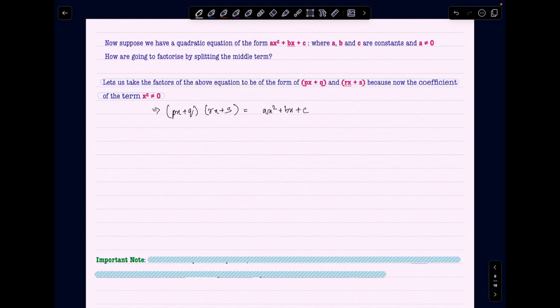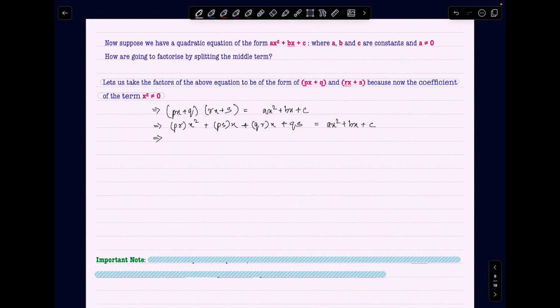This is the equation. Now I multiply this first part, and I am going to write the expanded form. px into rx is pr into x square, plus px into s is ps into x, plus q into rx is qr into x, plus q into s is qs, equals ax square plus bx plus c.